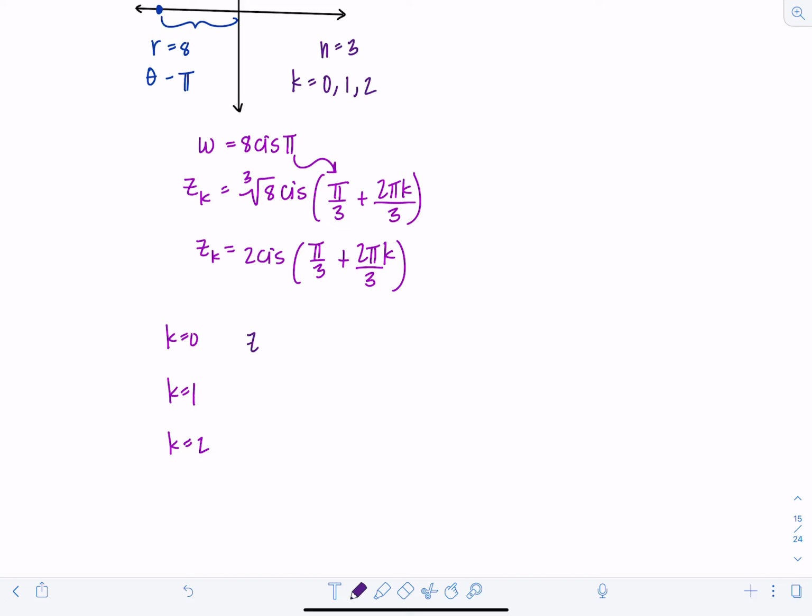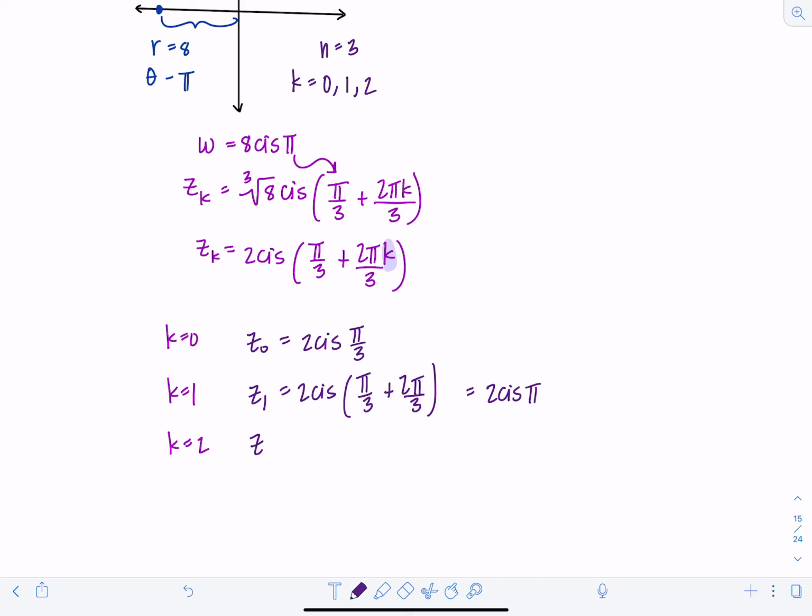So z sub 0 is going to be 2 cis just pi over 3, because k is 0 there. Z sub 1 is going to be 2 cis pi over 3 plus 2 pi over 3. So that's 2 cis pi.